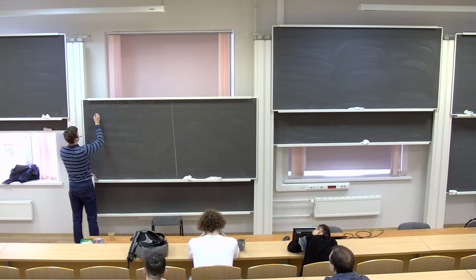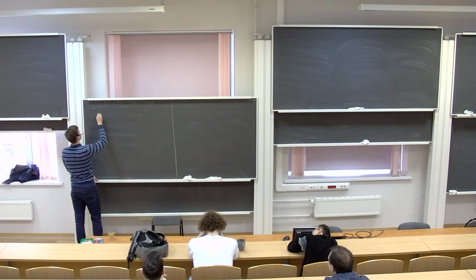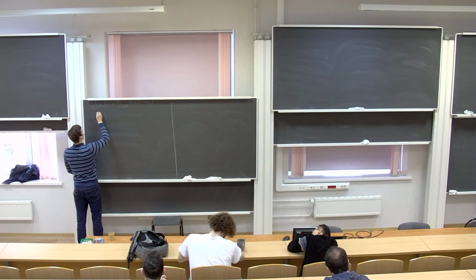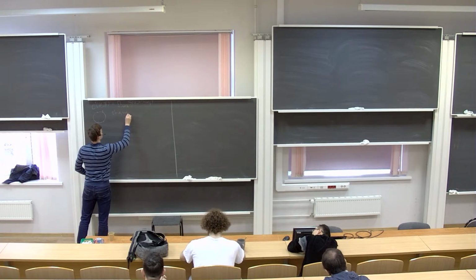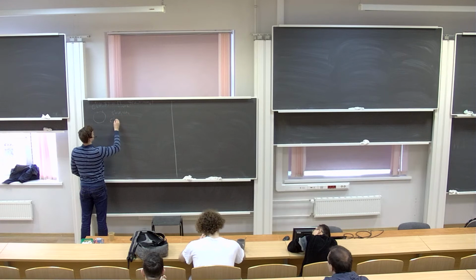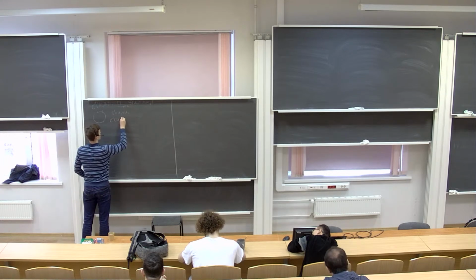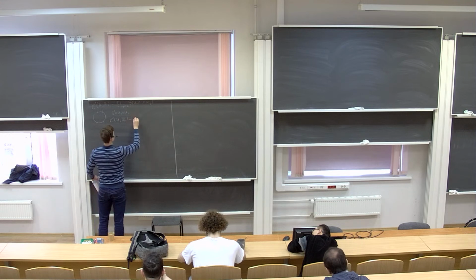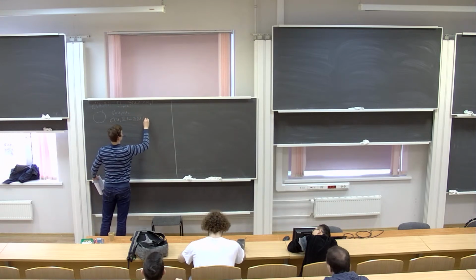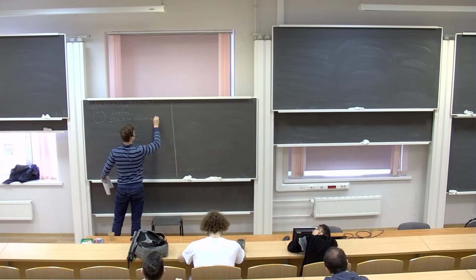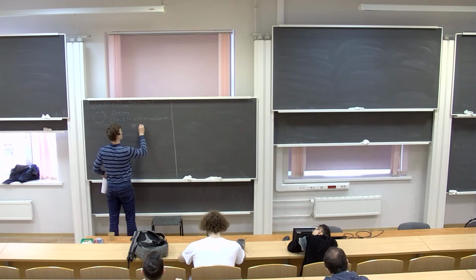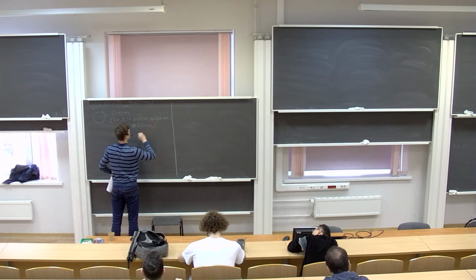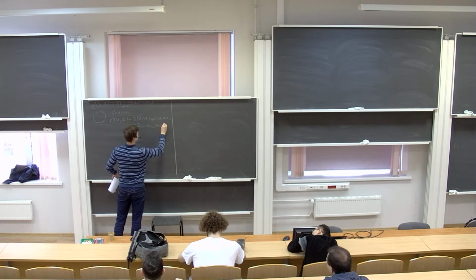So in particular, in the second problem, when we considered a circle covered by two open sets, C^1(U, Z) is Z(U1 U1) plus Z(U2 U2) plus Z(U1 U2) plus Z(U2 U1).